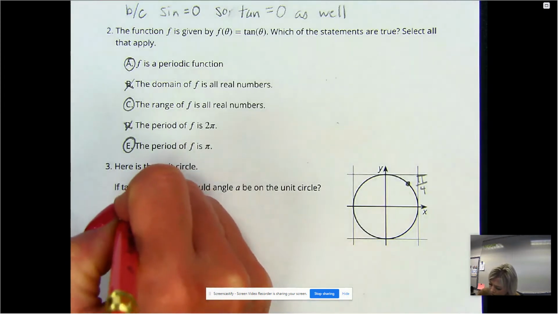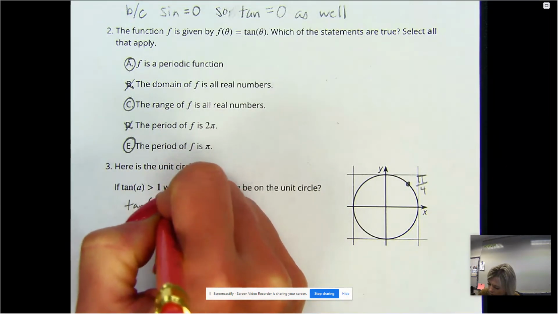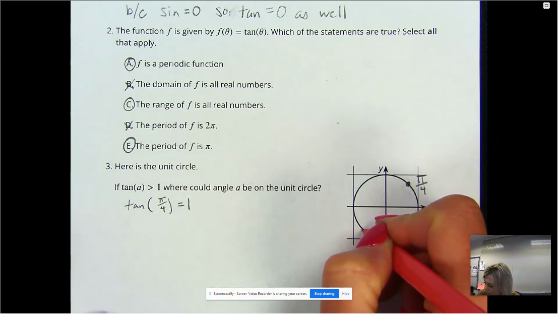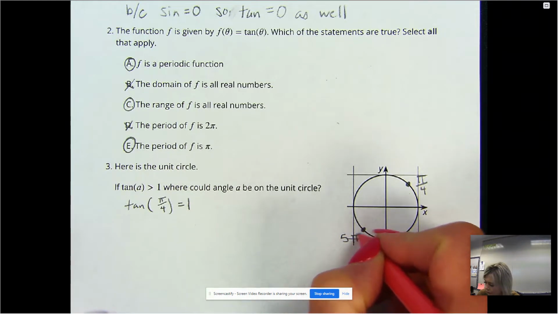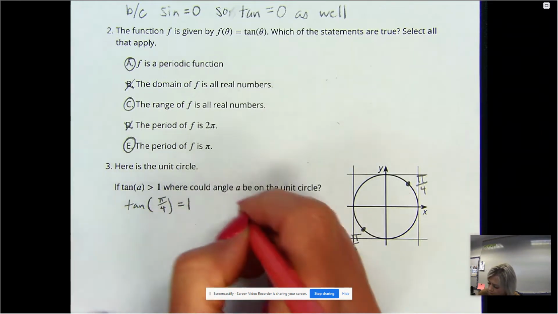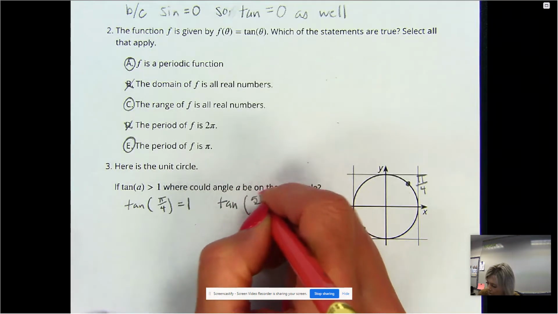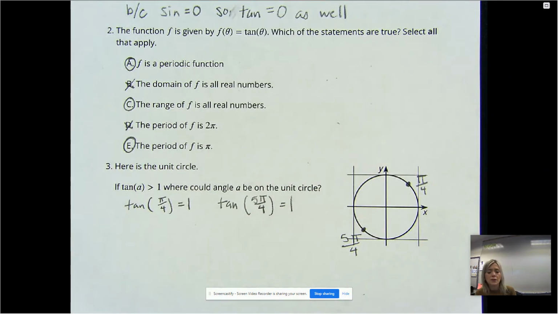So the tangent of pi over 4 equals 1. And also down here, that happens again. This is 5 pi over 4. Okay, so those are the two places that the tangent is equal to 1.